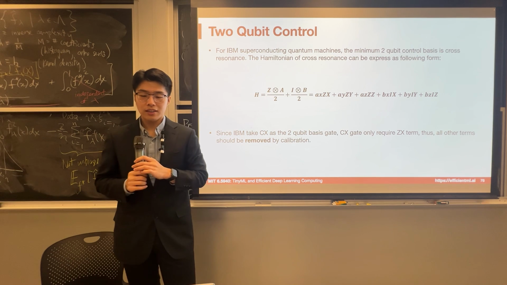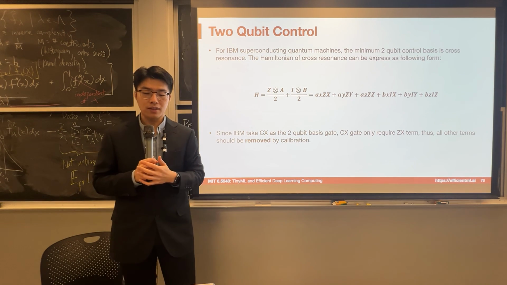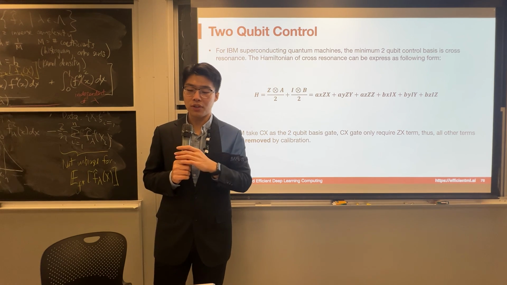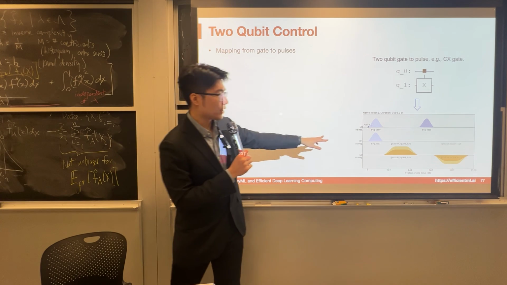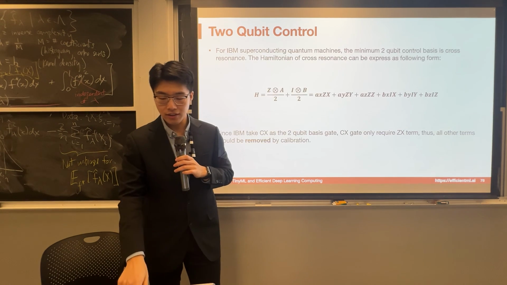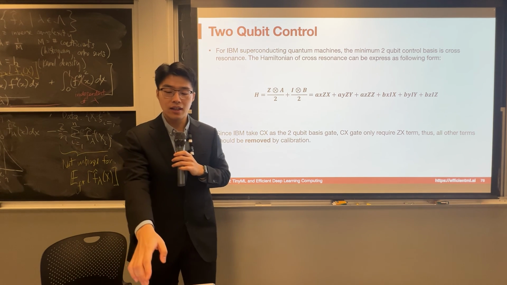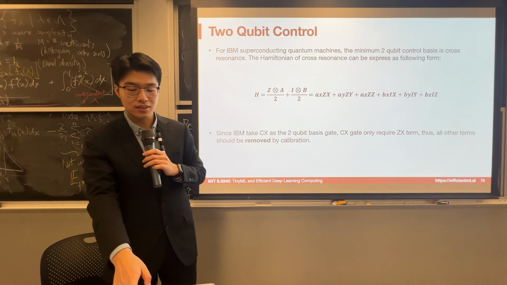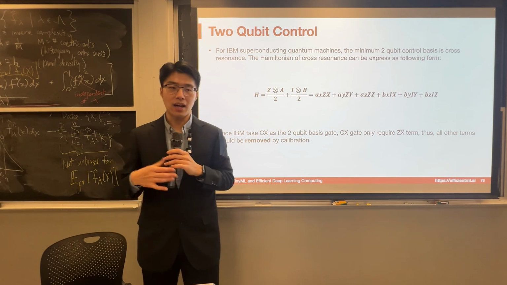Yeah. And in terms of the 2-qubit control, it's a little bit more complicated. But for the IBM superconducting device, if we're doing this with two cross-resonant gates, actually there are multiple different terms in this Hamiltonian, and the one we want is the ZX term, and for the others there are some techniques to remove them during the calibration.